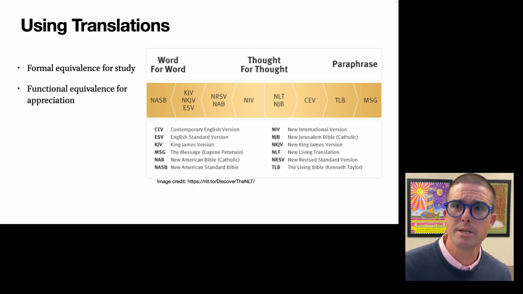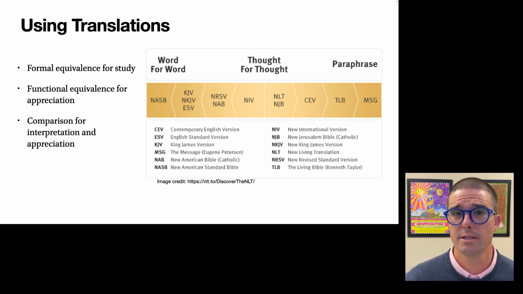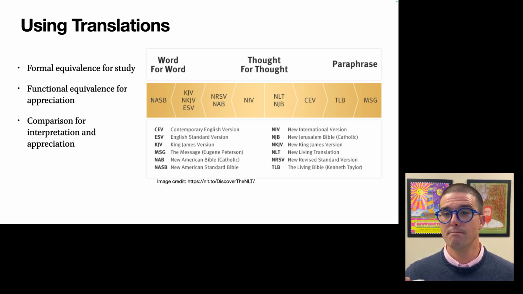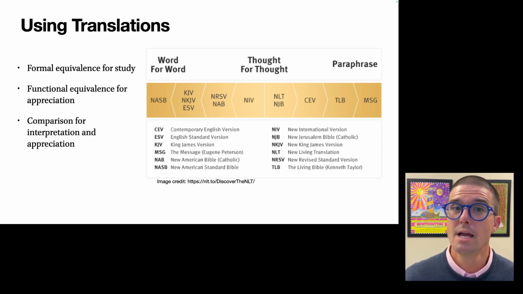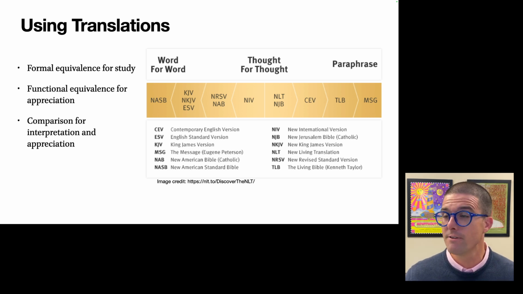I think that's probably generally good advice, but at the end of the day, because we have access to all kinds of different translations, the best modus operandi, in my opinion, is to be able to do comparison and to celebrate the virtues of different translations at different times.